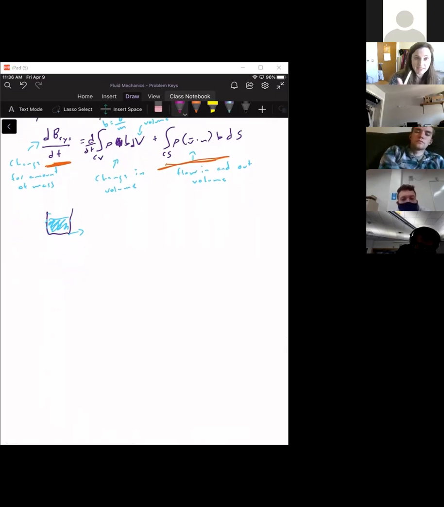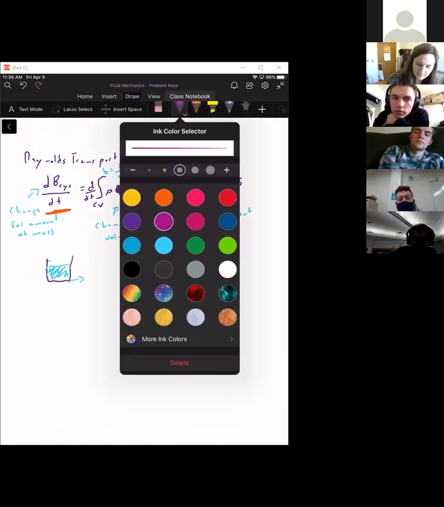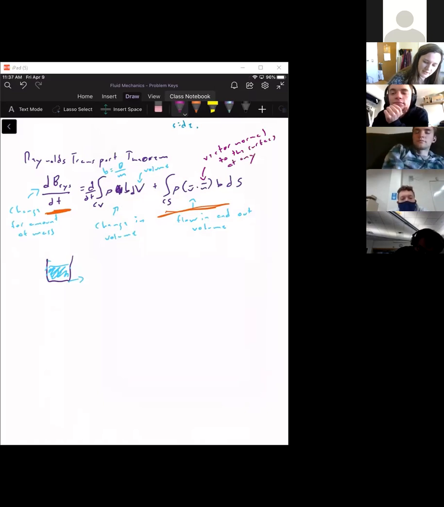I have a question. What variable is in the second term after the V in the parentheses? It's like in the second term in the parentheses, it's V times what? Oh, V dot N. So that is a vector normal to the surface at any point.